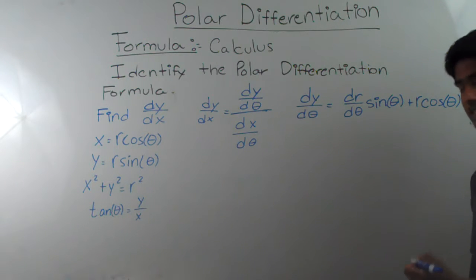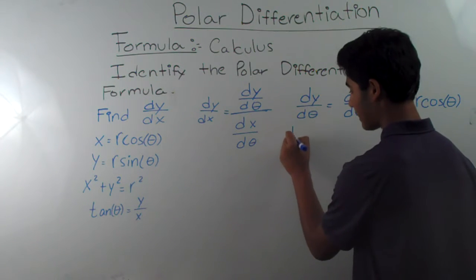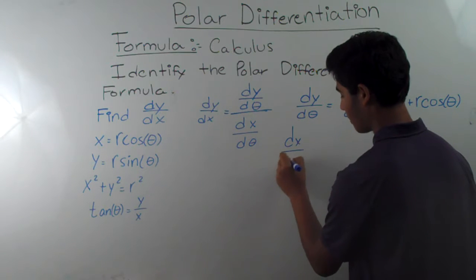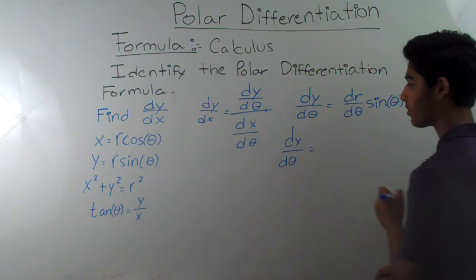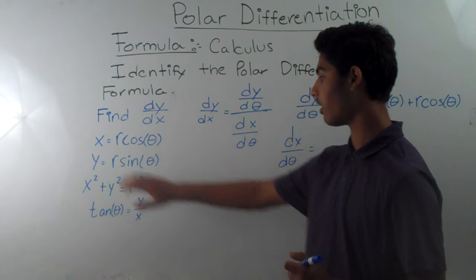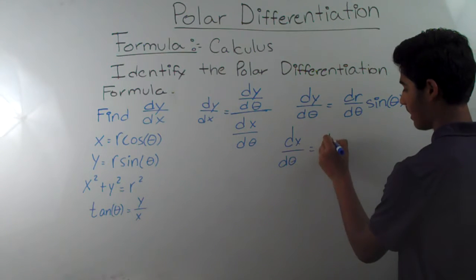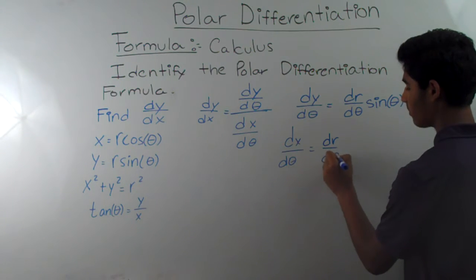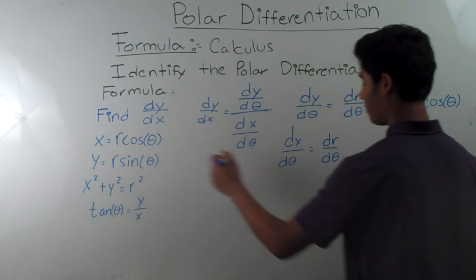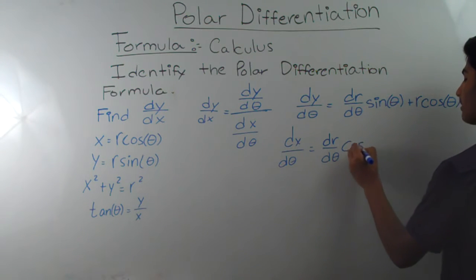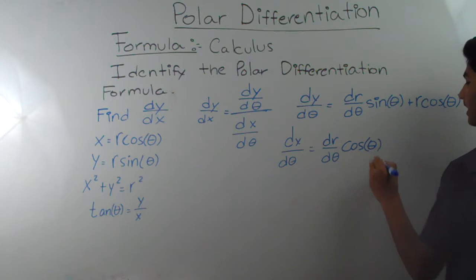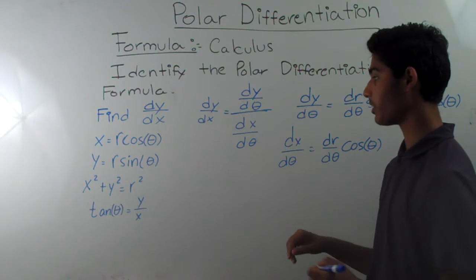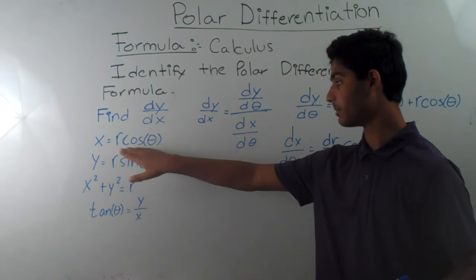Now let's do dx/d theta. It's the same thing. With the product rule, we have the derivative of r, dr/d theta, times the second term, which is cosine of theta. It's not actually the number 2, it's the first times the second.